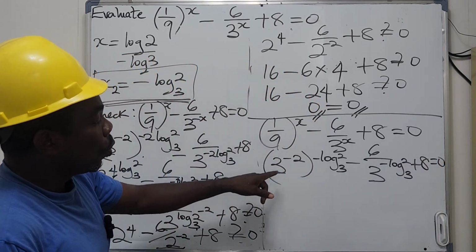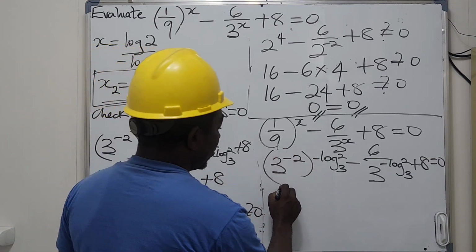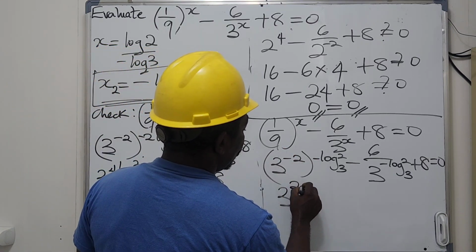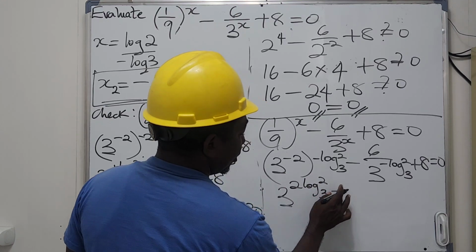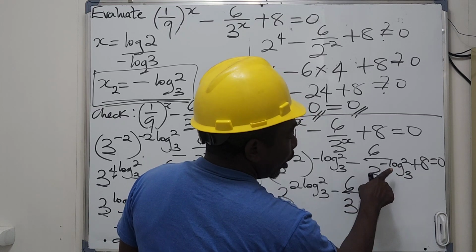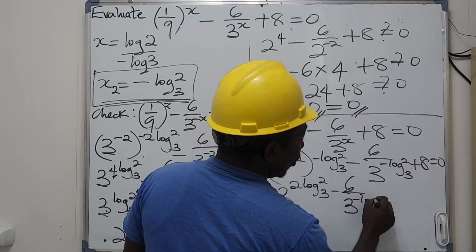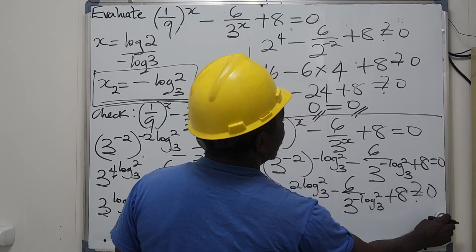So in this case, we can see that minus will multiply here, we return to plus. So this will give us 3 to the power of 2 log 2 base 3 minus 6 all over 3 to the power of minus log 2 base 3 plus 8. If you add this, will this equal 0?